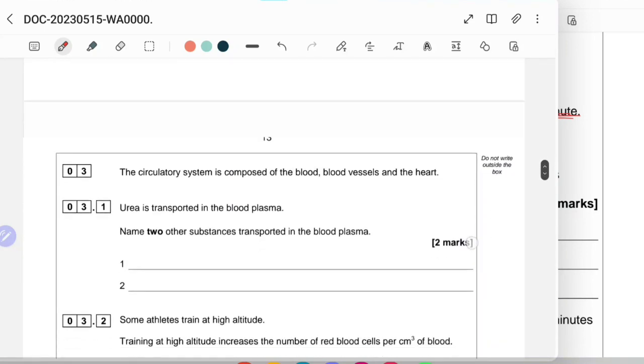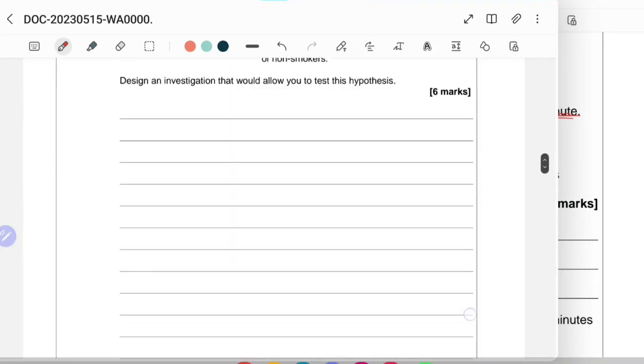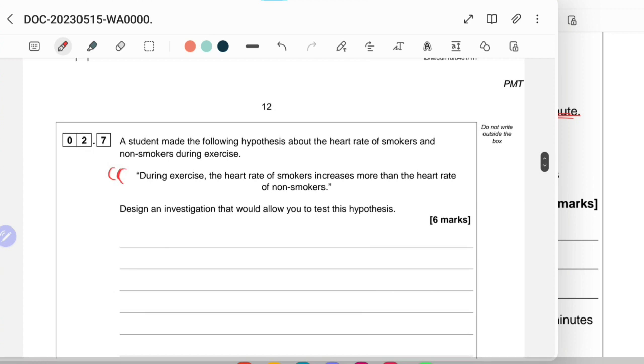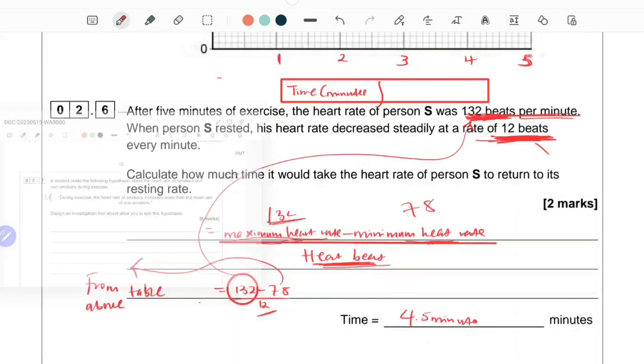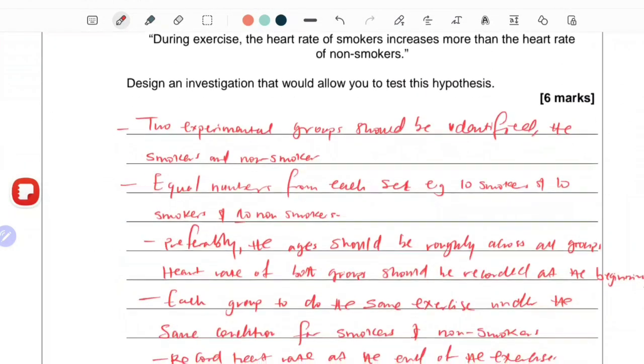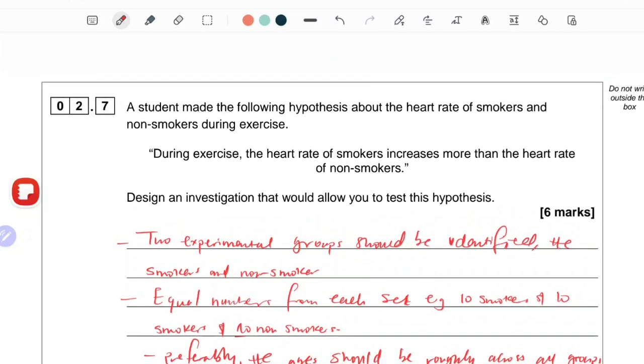You are meant to, can you see the space? You are meant to write as much as you can. All right, so let's do this. This is where I told you that you have to make sure you are writing your answers to the maximum that you can. For example, this kind of question, they always have level 1, level 2, level 3.